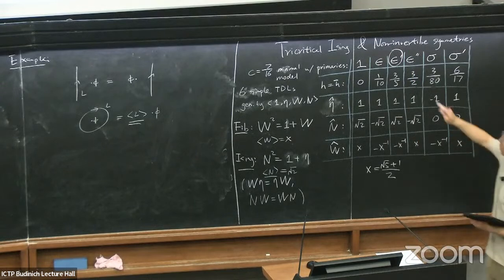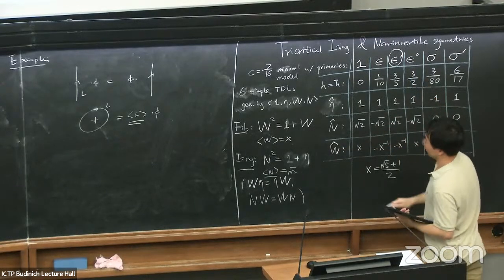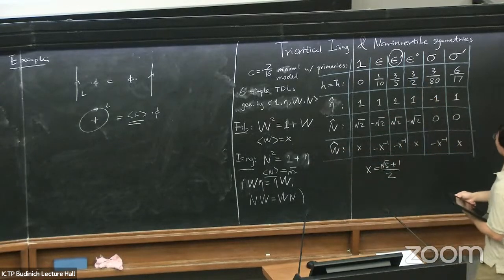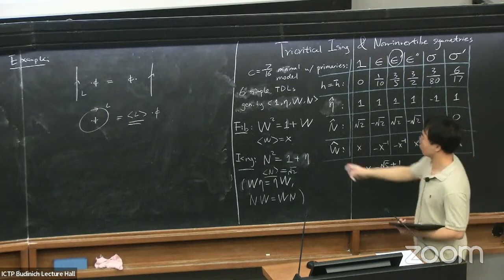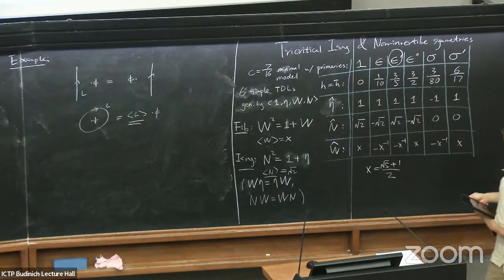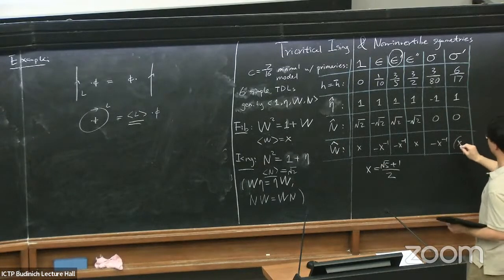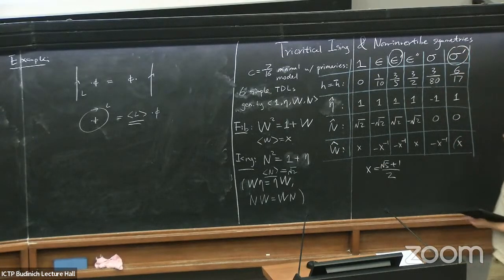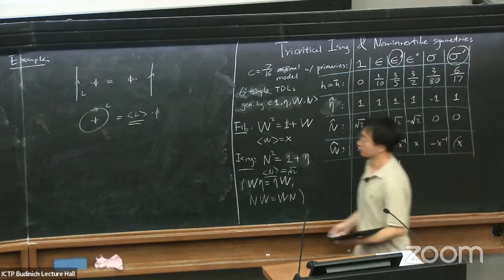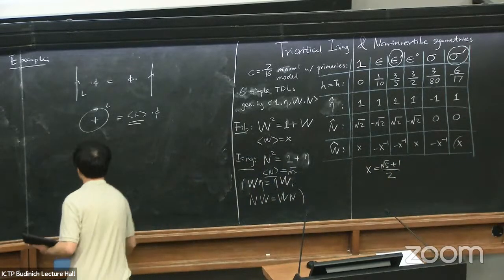This is the operator that preserves the duality defect. And if you look for an operator that preserves this W line, then the only relevant option is the sigma prime operator.